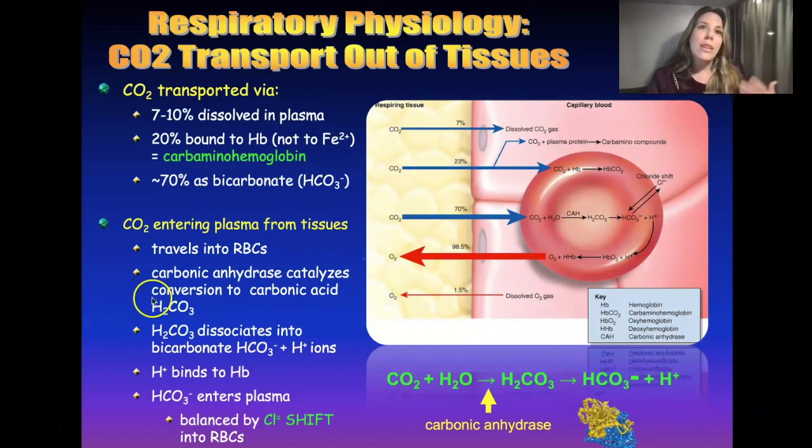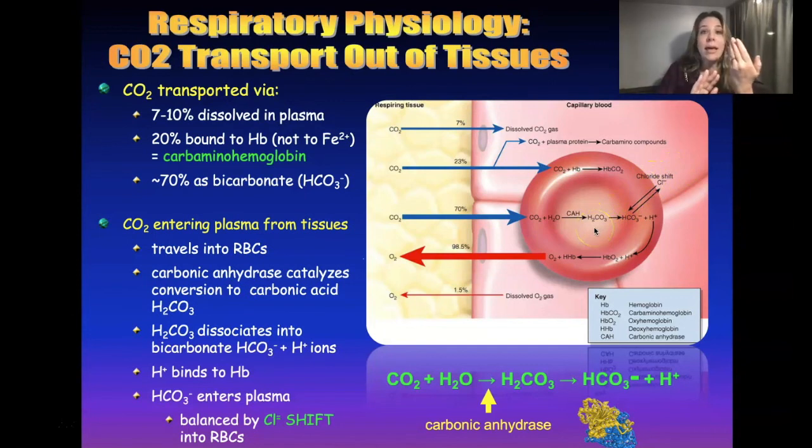Now, given that bicarbonate is a negatively charged ion, we'd be in some trouble if it just went out of the red blood cells into the plasma and nothing else happened, because we'd be adding all these negative charges there and all these hydrogen ions, and that would acidify our blood. So we have to have something that will balance that. And the way we're going to balance it is that chloride ions, Cl-, are going to go from the plasma into the red blood cells.